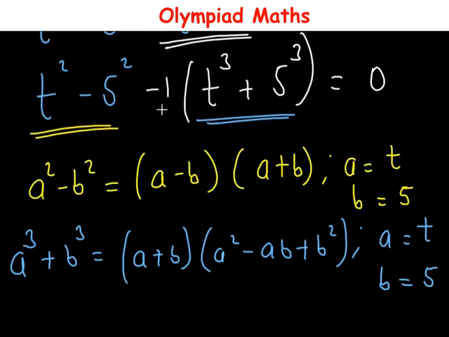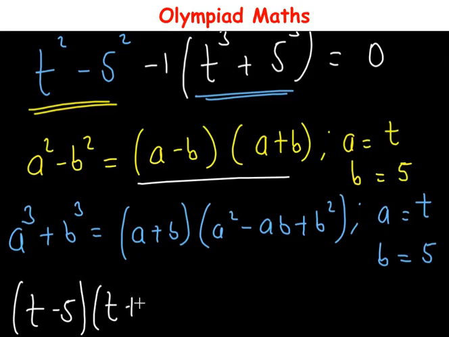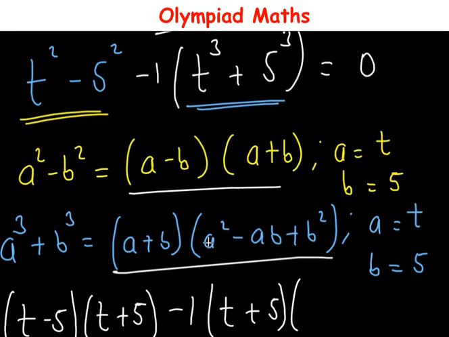So then let us expand this equation. So what we have is this, that for t squared minus 5 squared, using this format, we have in brackets a is t minus b is 5 multiplied by a is t plus 5, okay, minus 1. Also expanding this, making use of this format, we have a is t, so t plus b is 5 multiplied by a squared, a is t, so t squared minus a is t, so t times b is 5 times 5 plus b squared, b is 5, so 5 squared.